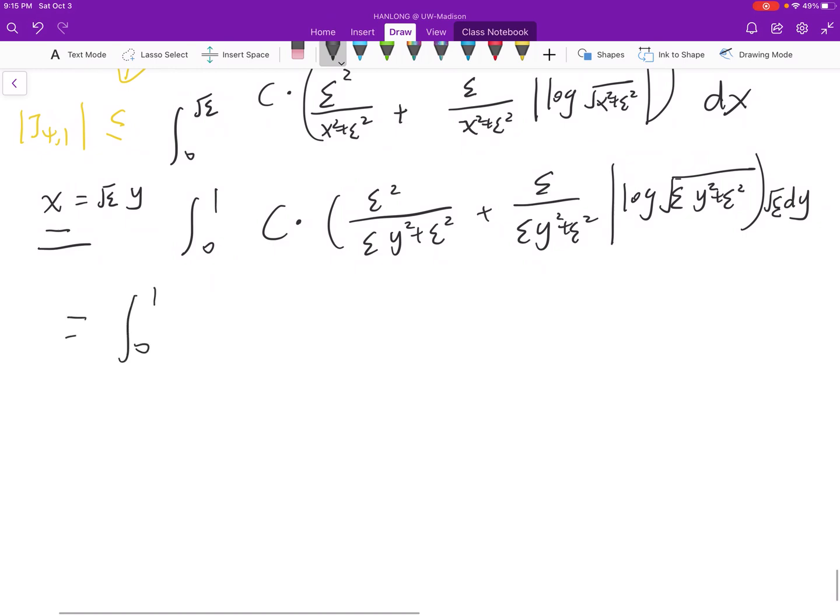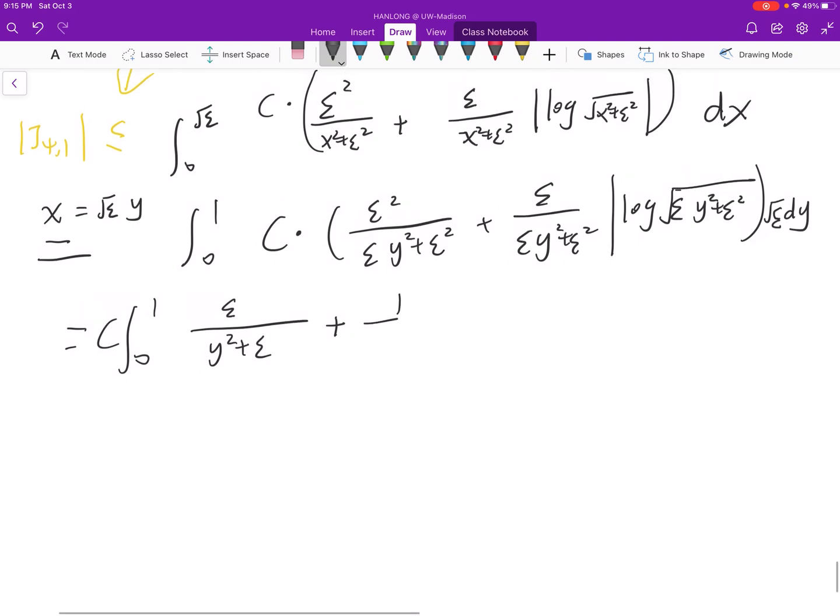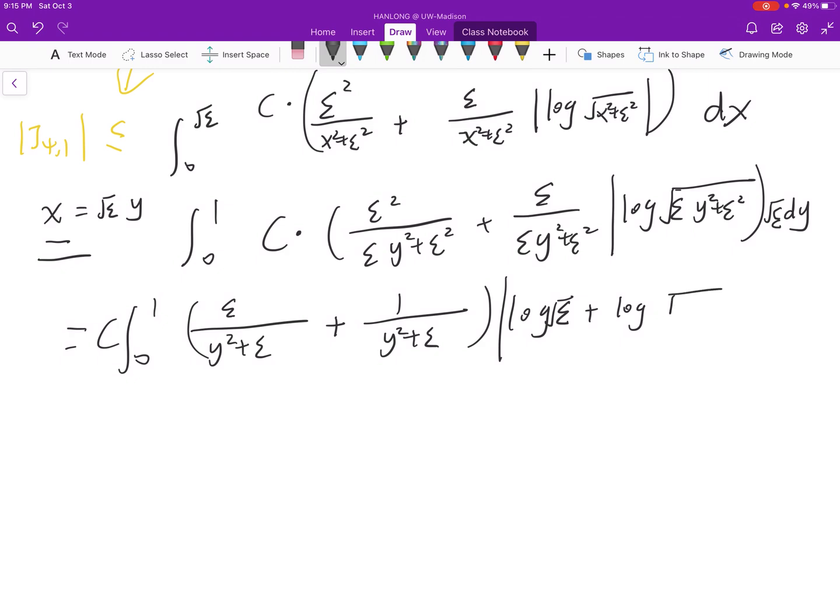So it's some constant times epsilon divided by y squared plus epsilon plus 1 over y squared plus epsilon times log epsilon plus log square root y squared plus epsilon.